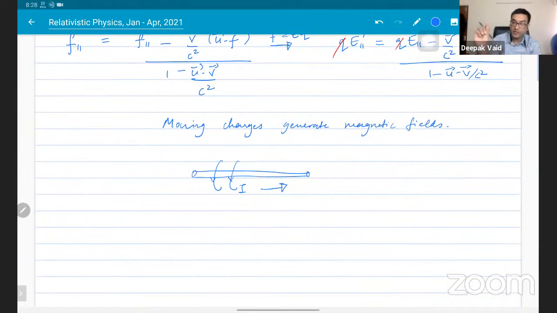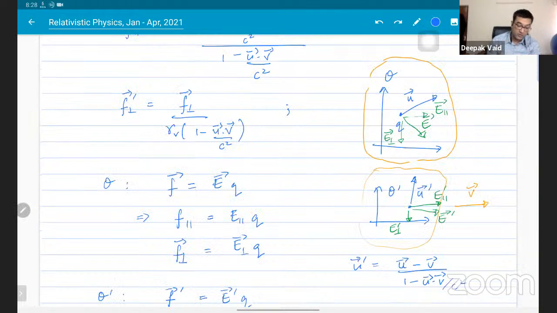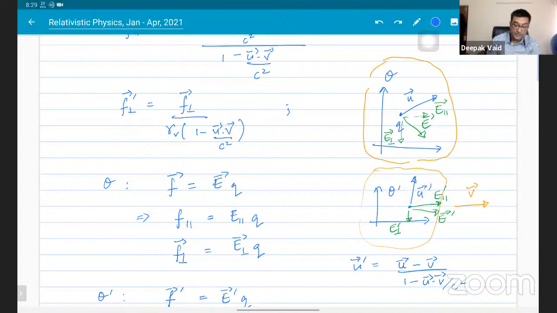Now, a single moving point charge is not the same as a current flowing in a wire. So it will not produce a magnetic field of the same kind, but it will have some magnetic field due to the motion of the charge. So when we want to explore the transformation of the electric field, if this charge is moving, if u prime is not zero, then there will be some magnetic field which is generated by the moving charge. So we don't want that.